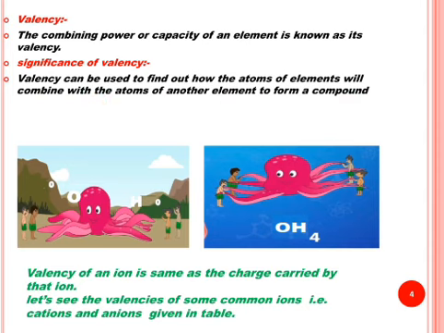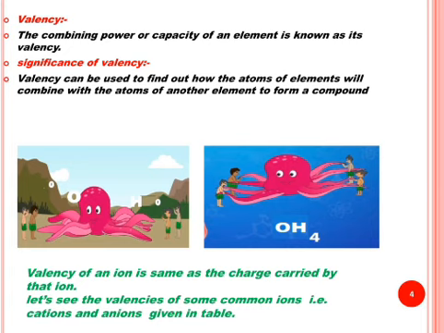And this is done by sharing, gaining, or losing valence electrons. The number of electrons gained, lost, or shared in order to complete their octet in valence shell directly gives us the valency, that is the combining capacity of the element.